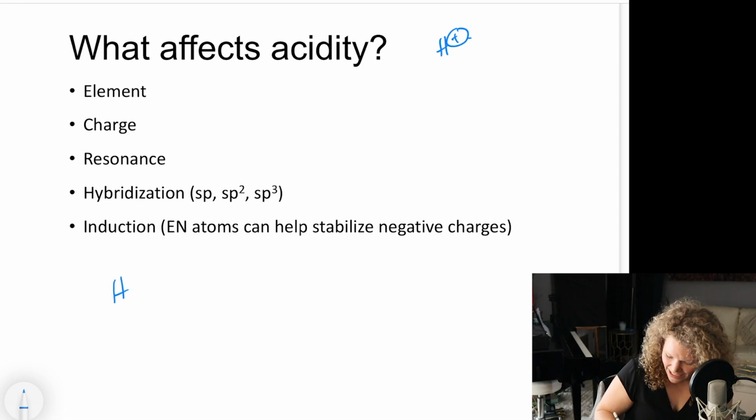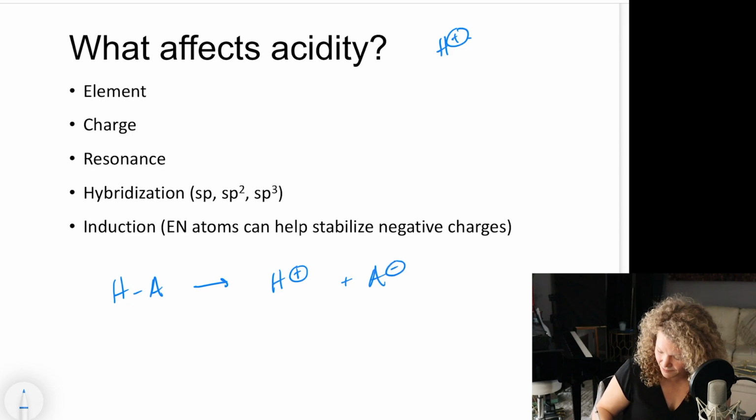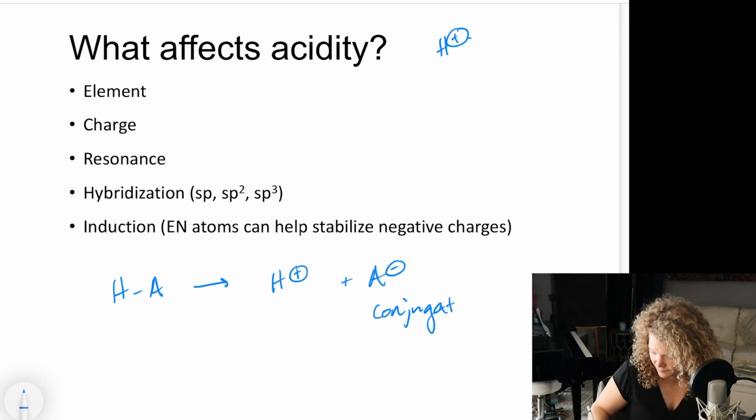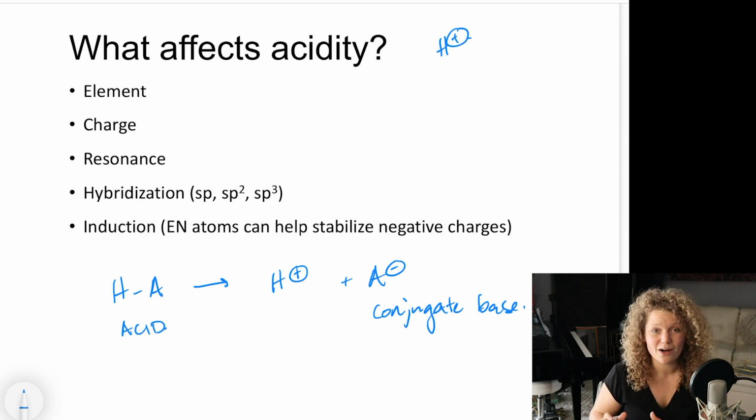If I were to just take HA as a generic acid, and I dissociate it, I'll have an H plus and an A minus. And we know that this A minus is considered its conjugate base. And here we have our acid. These two are related.